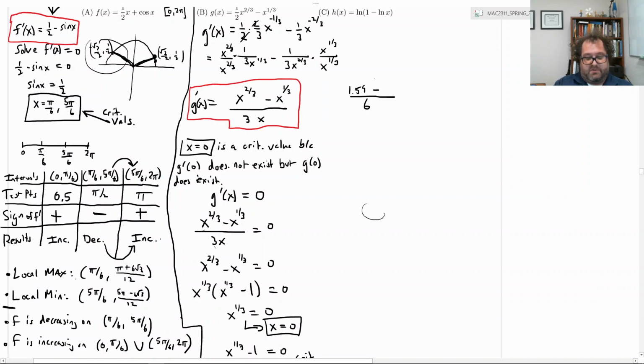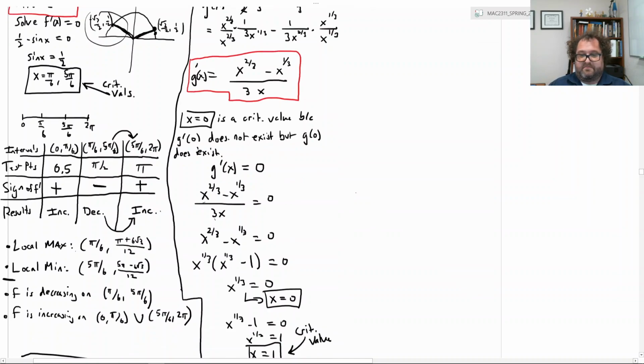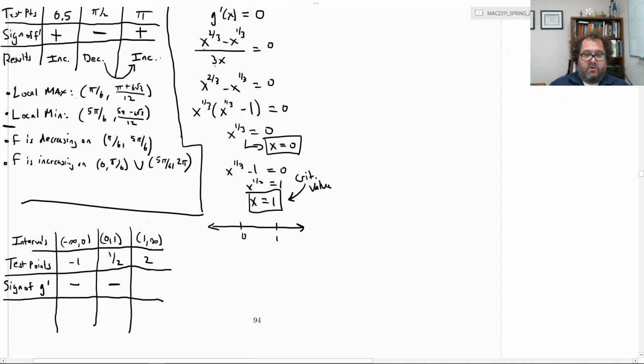Minus, we're plugging in a 2, what's the cube root of 2? Well, it's 1.25 approximately. So 1.59 minus 1.25 is a positive numerator over a positive denominator, so the overall result is positive. Here is our complete sign chart.